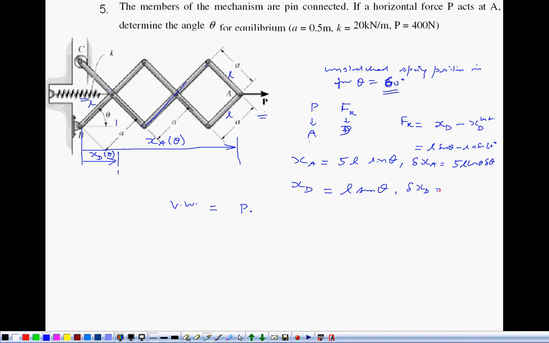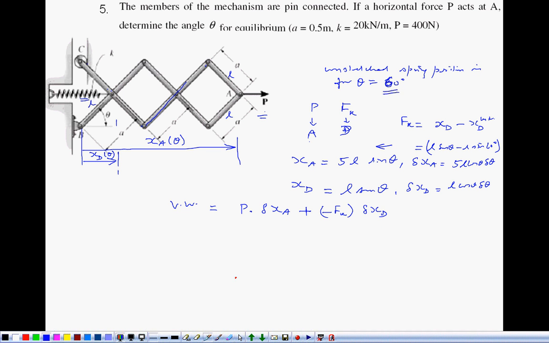Similarly, delta XD is equal to L cos theta delta theta. So we put together, please remember this Fk is acting in the minus x direction, and therefore we will write this as P times delta XA plus minus Fk times delta XD.